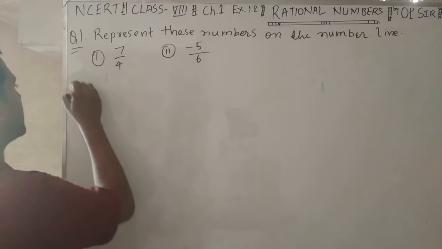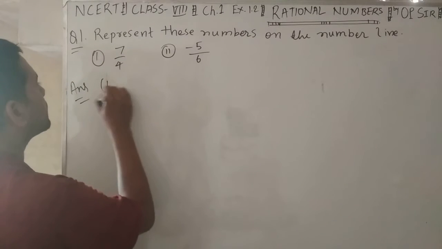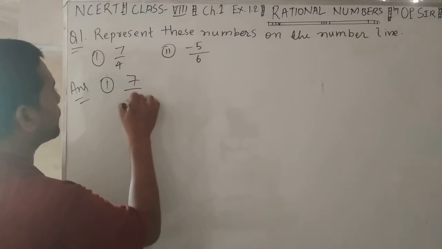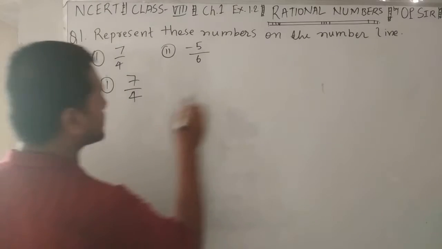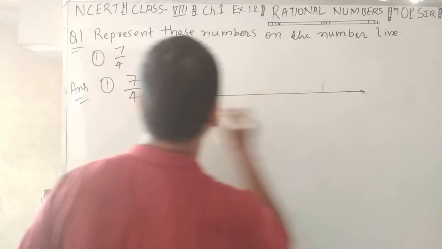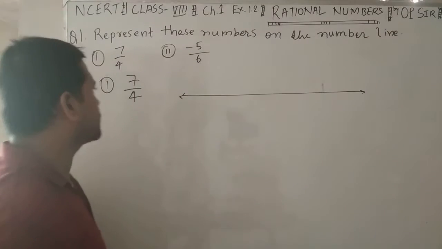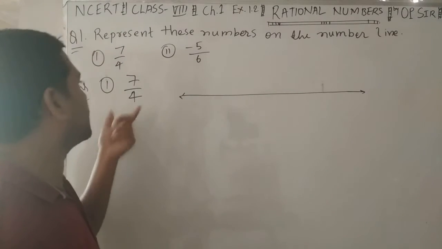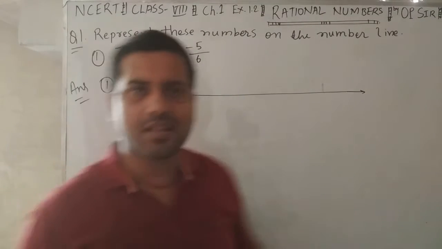So first of all, the first part we have is 7 upon 4. Okay, so for this, what we are going to do is, we can see that this is a positive rational number.